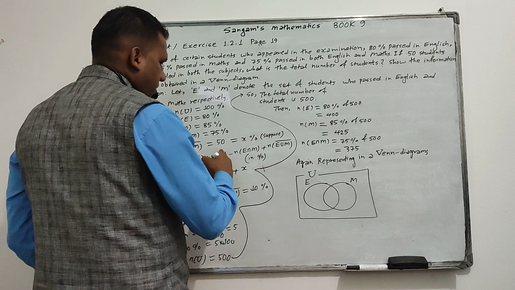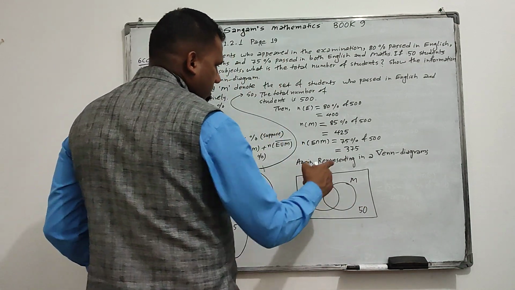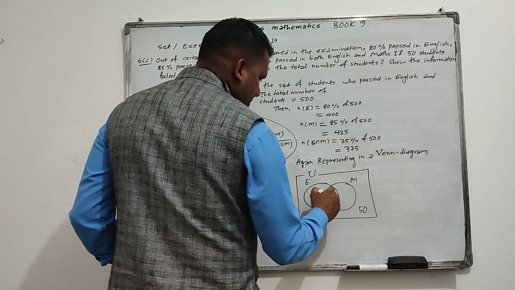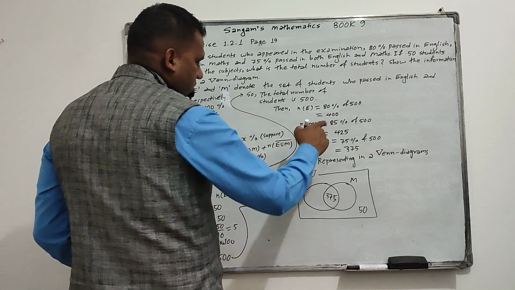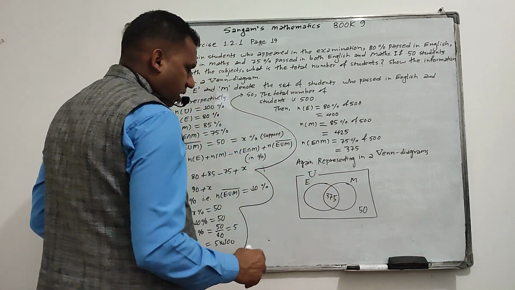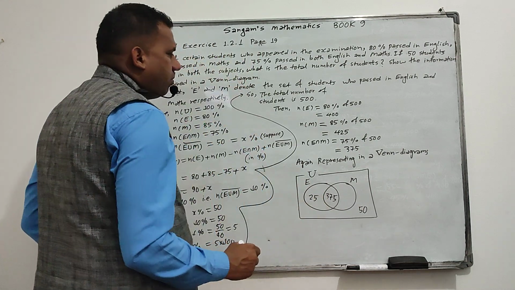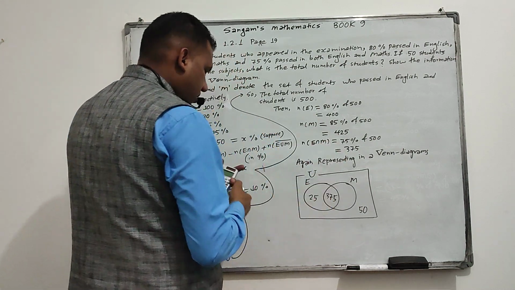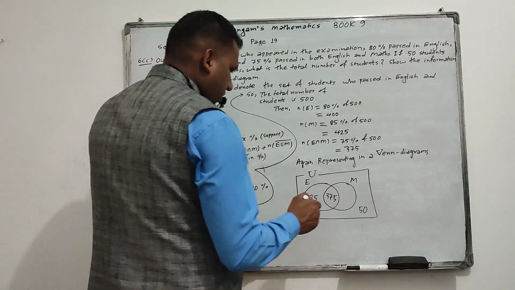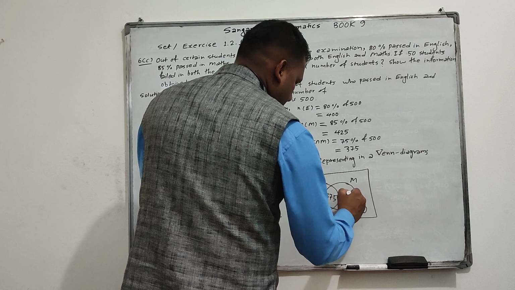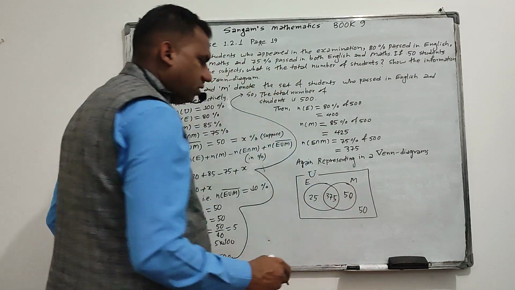Complement data is 50. Intersection data is 375. And E only is 400 minus 375, remaining 25. And M only is 425 minus 375, it becomes 50. So this is the required Venn diagram.